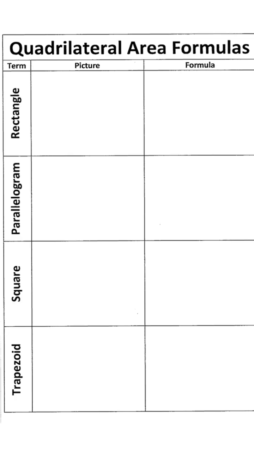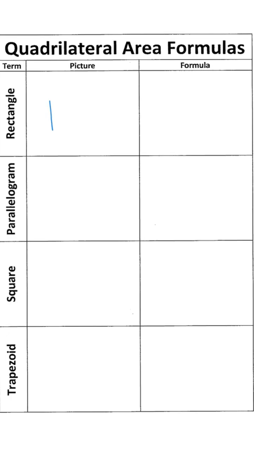Okay, so we also need to remember our quadrilateral formulas. So you guys should all be able to draw a rectangle. I could make these perfect, but I'll draw them just like you. I'm going to put my four right angles. And then I'm going to mark the sides that are parallel to each other with different markings so I know they're the same.